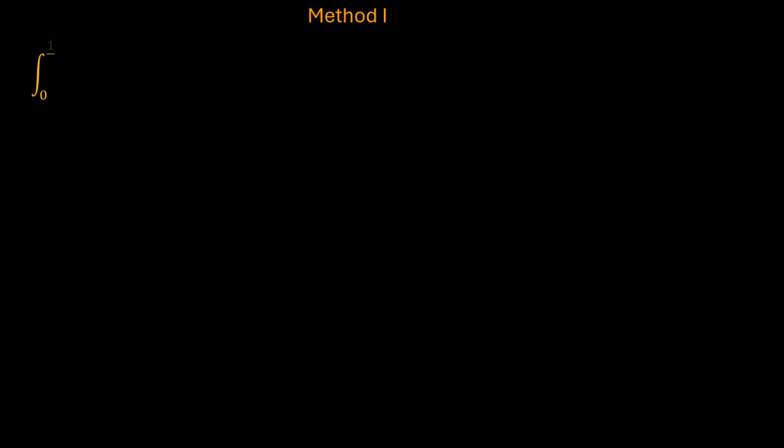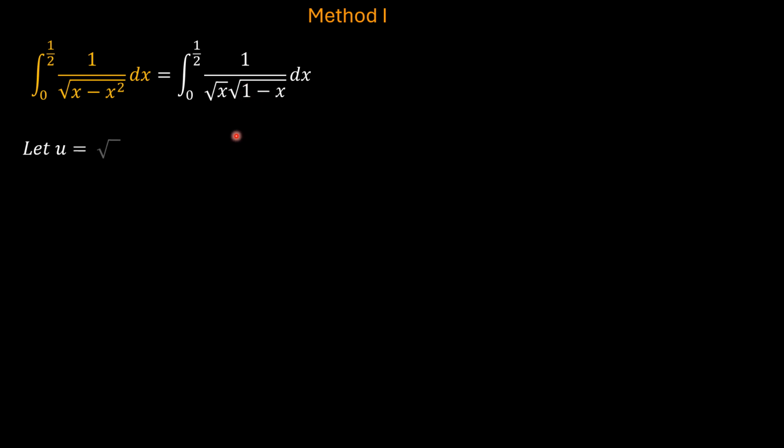Method number 1. The first thing we'll do is pull the square root of x out from the denominator, and that means that now we have the square root of x times the square root of 1 minus x. Then we would substitute, to remove the complicated square root of x, by saying let u be equal to square root of x.